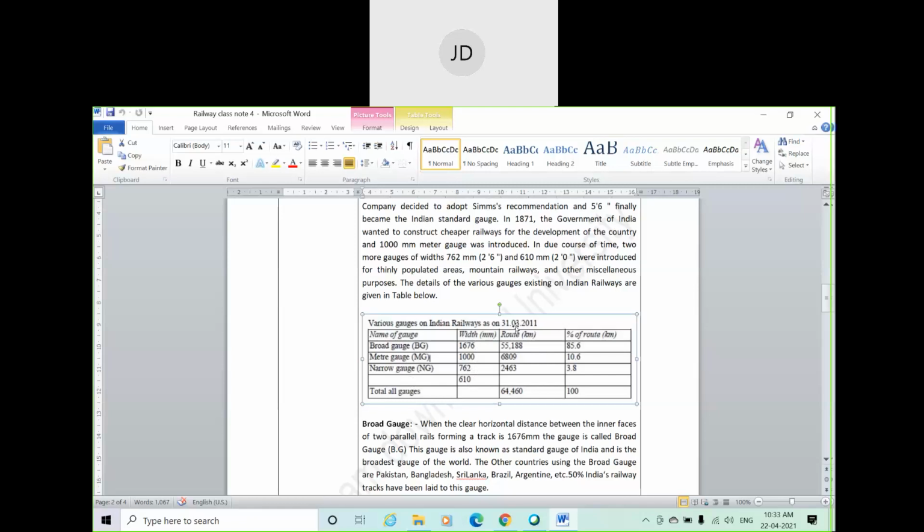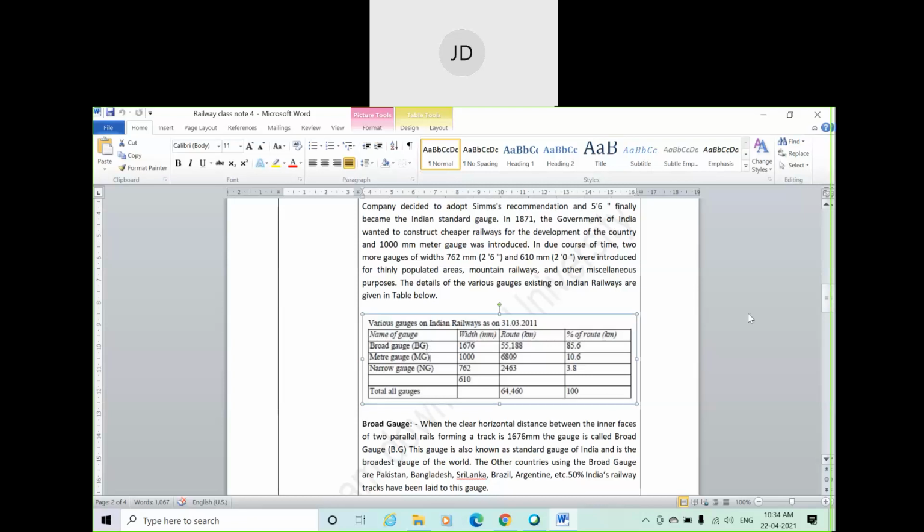Up to 2011, the total track length in kilometers for broad gauge was 55,188, for meter gauge 6,809, and for narrow gauge 2,463. From this data you can see that in India, maximum tracks are made of broad gauge only.